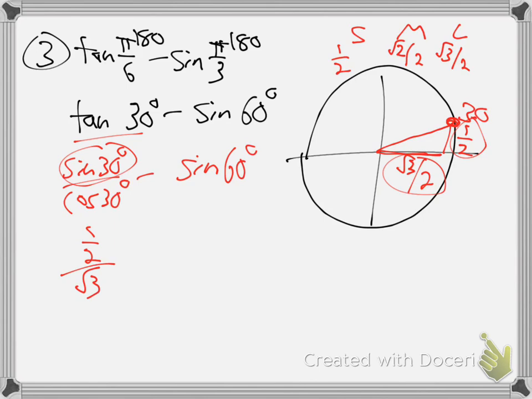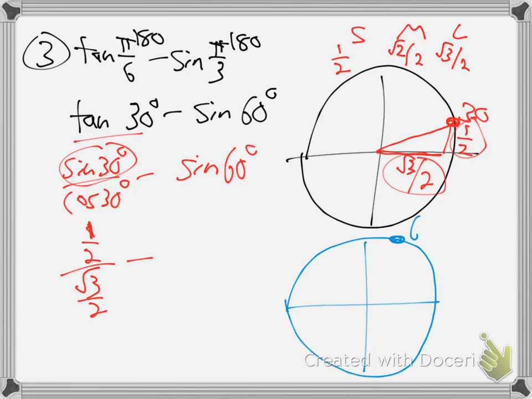That's the x, root 3 over 2, minus, now what's the sine of 60? How do I do 60? Well, for 60, maybe I'll draw another unit circle down here. For 60, got to go up here, 60 degrees. Over a small amount, up a large, huh? For 60, over a half, up root 3 over 2. Which one's the sine? X or y?